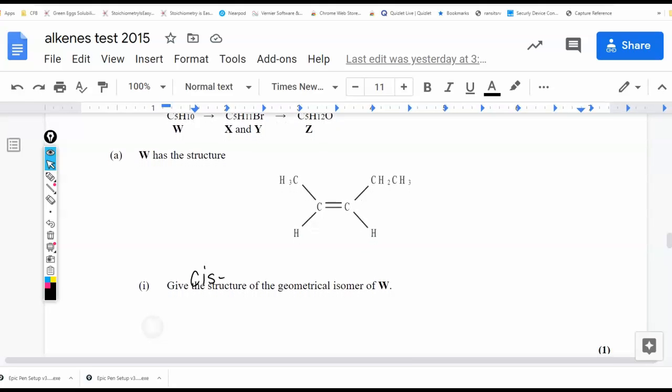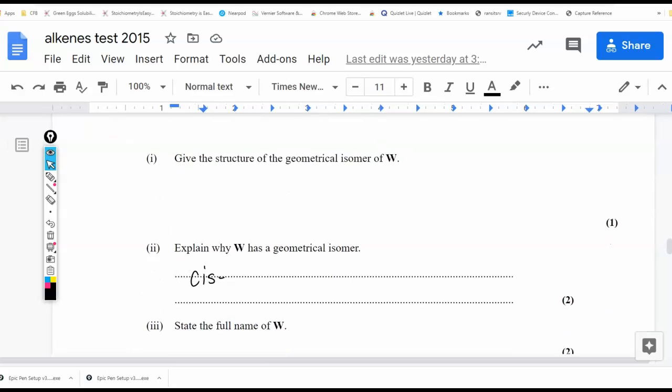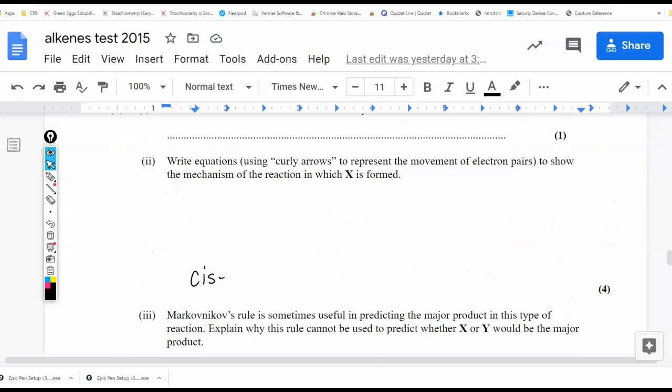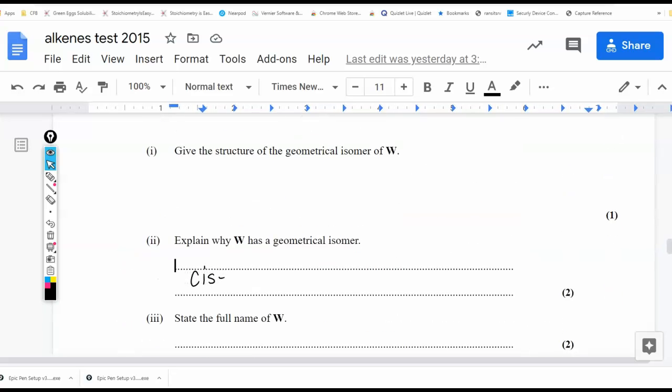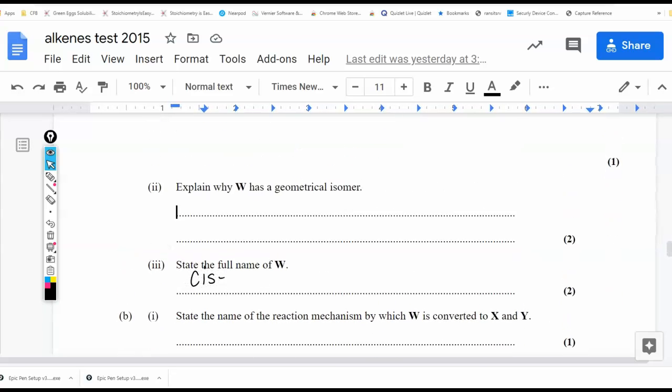So the long carbon chain is a pentene, and the double bond of the pentene is located on the second carbon. So this should be cis-2-pentene. There you go. And so you get 1 point for the cis part, and you get 1 point for the 2-pentene part.